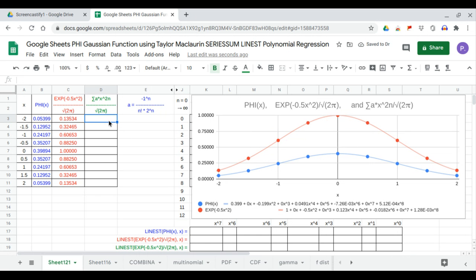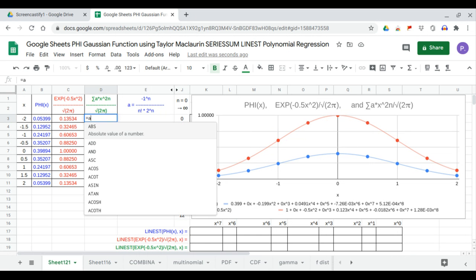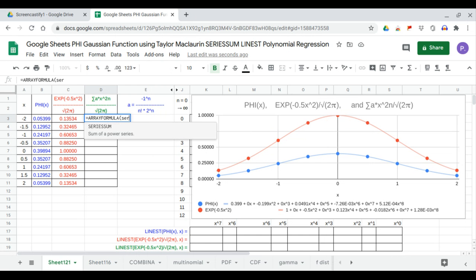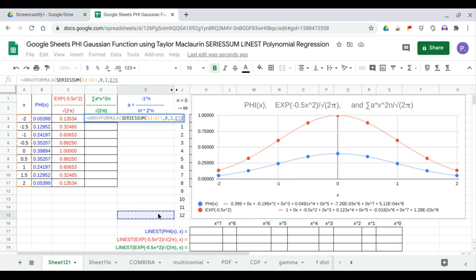So we can enter the Taylor-Maclaurin series sum expansion. Array formula, series sum of the x values starting from 0, incremented by, so 2 times 0, 2 times 1, 2 times 2, so incremented by 2. And that's 2n. The coefficient will be this range.